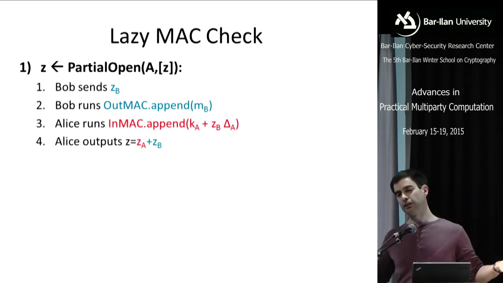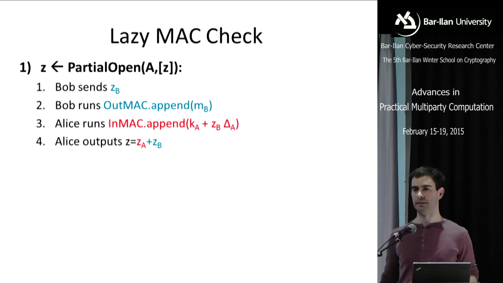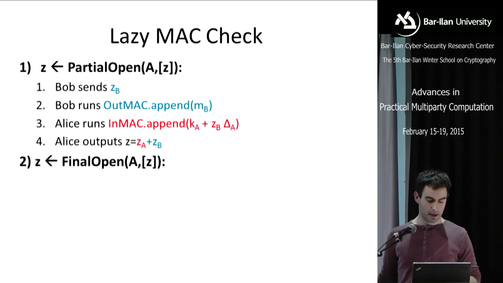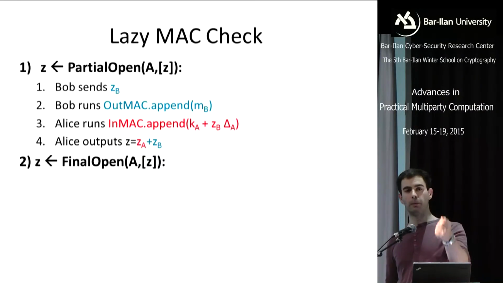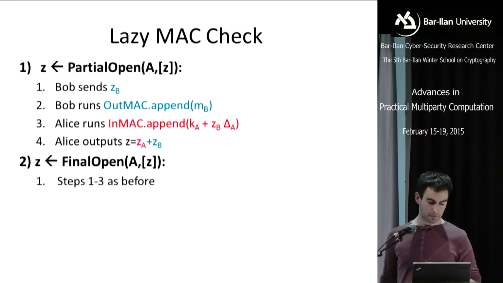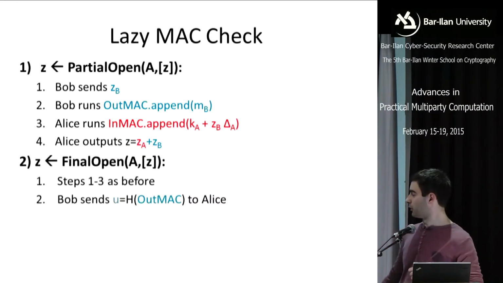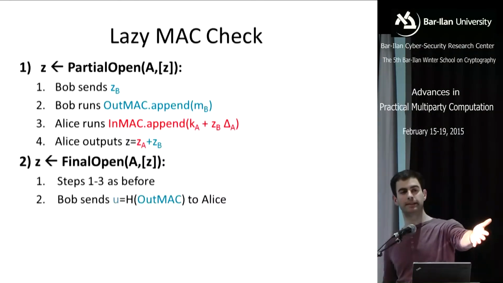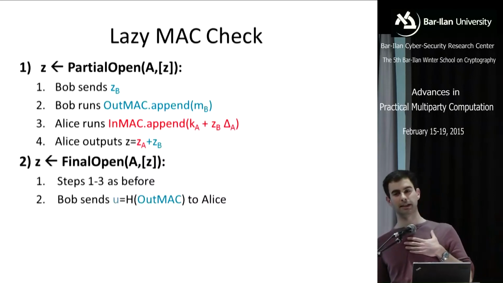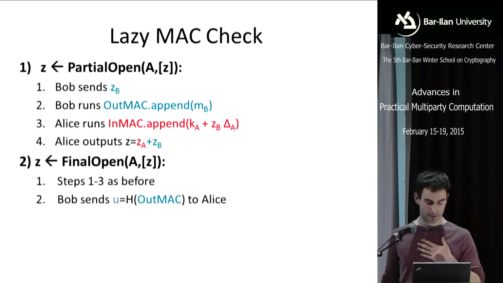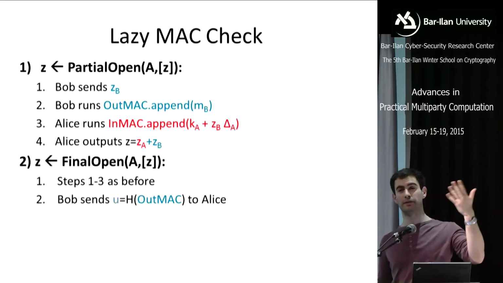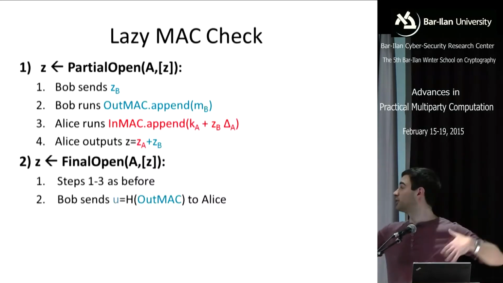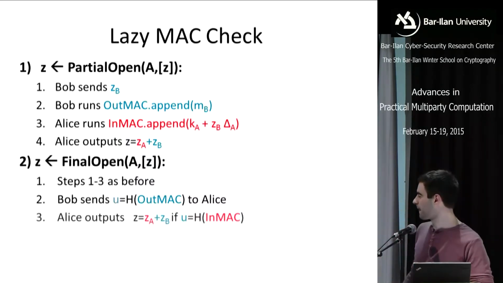Alice says, okay, let's hope that everything is all right. Let's just output this value z. Who cares? And then when you do a final open, when you're actually opening the output of the circuit, you start by doing the same thing as before. And now you check that all the MACs that you should have sent me are the same as all the MACs that you actually sent me, that these two long strings are the same.